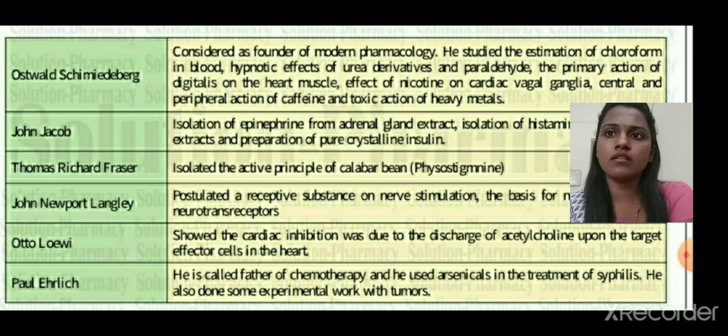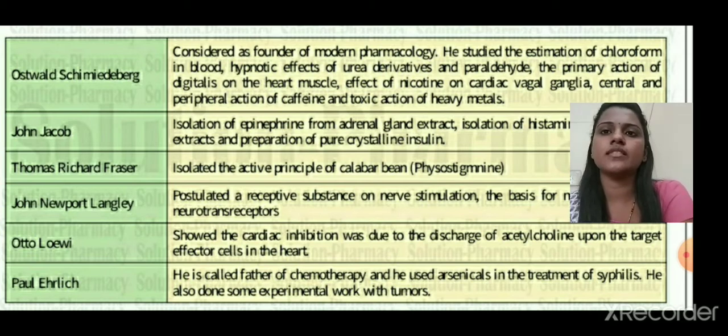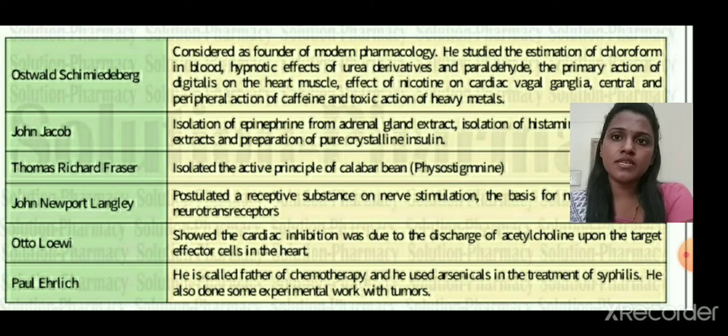He also found out the effect of nicotine on the cardiac vagal ganglia, the central and peripheral action of caffeine, and the toxic action of heavy metals. So these many activities were discovered by Oswald, hence he is called the father of modern pharmacology.